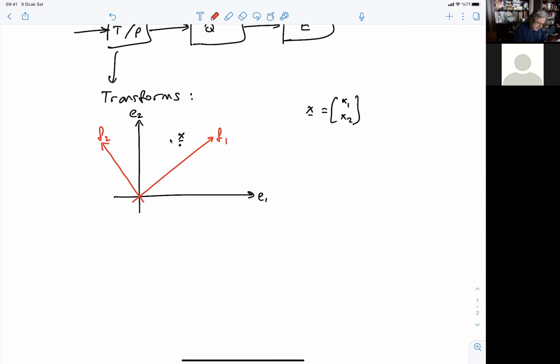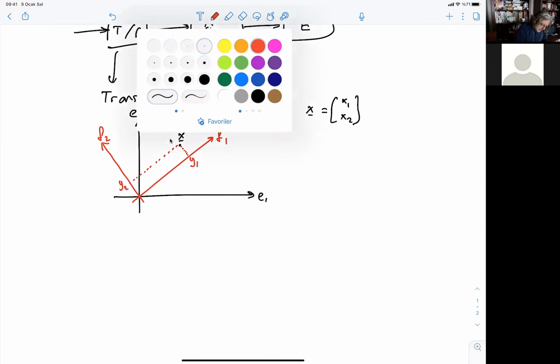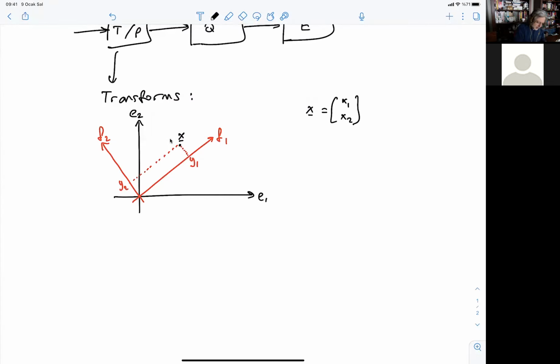And on this same F1 and F2 frame, the new representation of the signal, of the same signal, you see it's the same vector I'm talking about, is, let's say, y1 and y2.